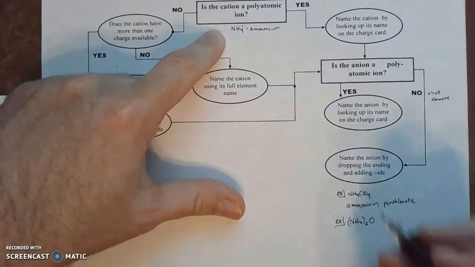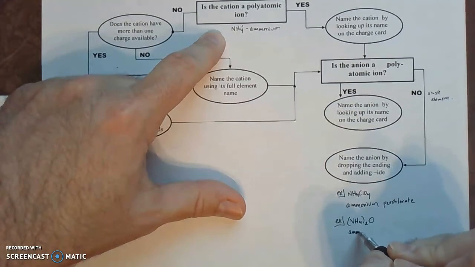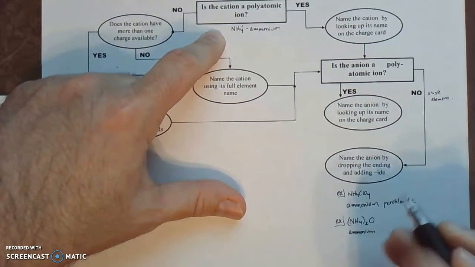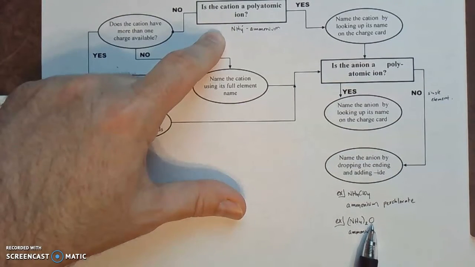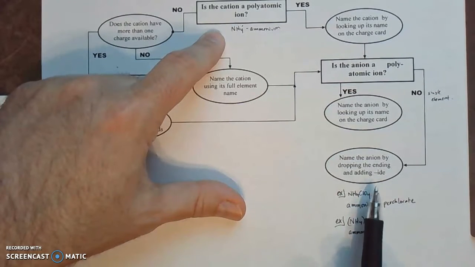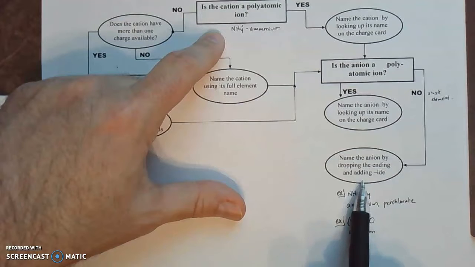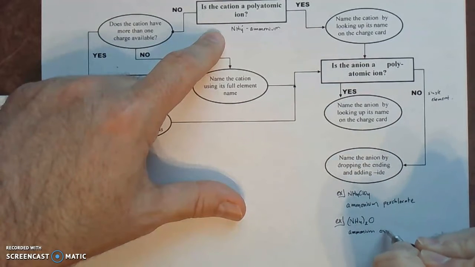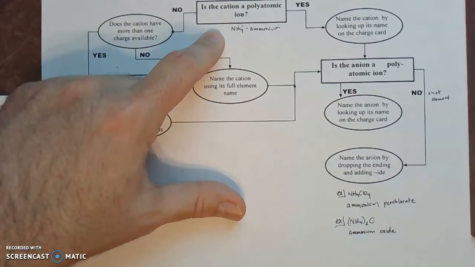It's ammonium. The anion portion of it is just an element. It's oxygen. So we name the second part of the name by dropping the ending and adding IDE. Oxygen becomes oxide, so ammonium oxide.